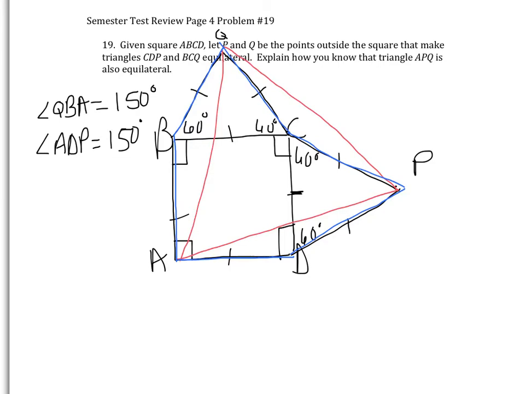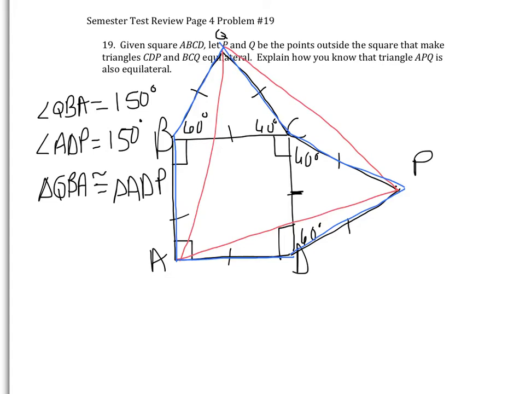With that being said, I know that triangle QBA has to be congruent to triangle ADP by side, angle, side, because I know that AD, DP are congruent to QB and AB, and then I also know that they have an included angle between them of 150 degrees.